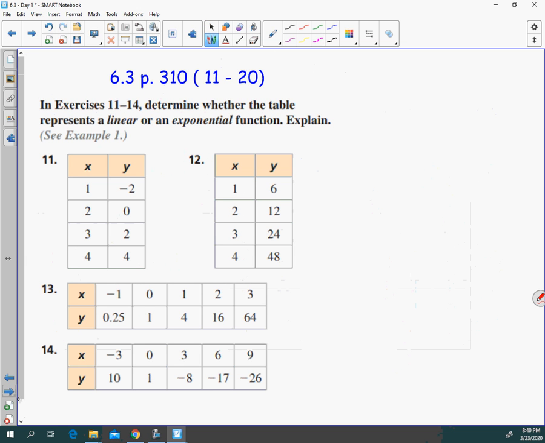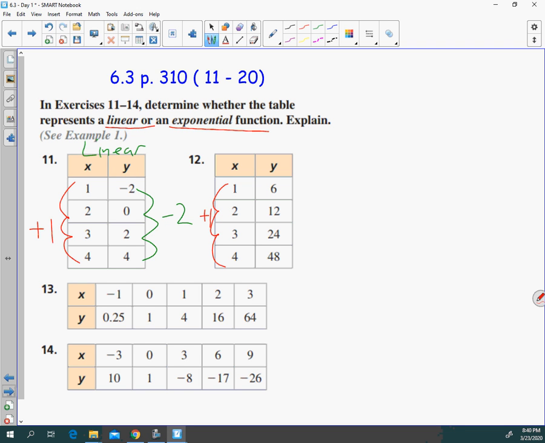Determine whether the table represents a linear or an exponential function. What's the pattern? Plusing 1. What's the pattern? We're minusing 2. What does that mean? It means linear, because we're adding or subtracting the same thing.